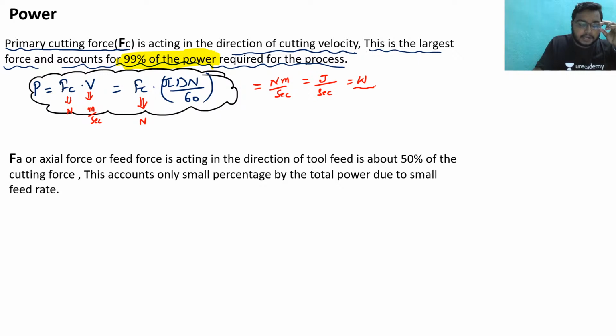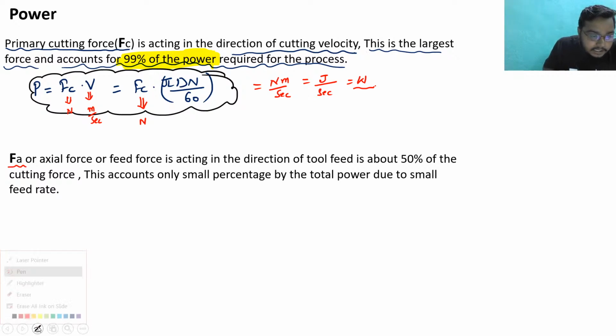Now see, the next force that is associated with oblique machining is Fa. Fa is known as the axial force or feed force, which acts in the direction of tool feed.